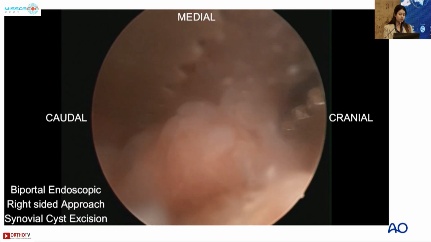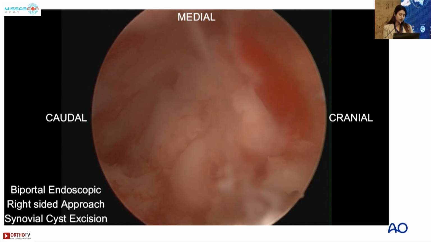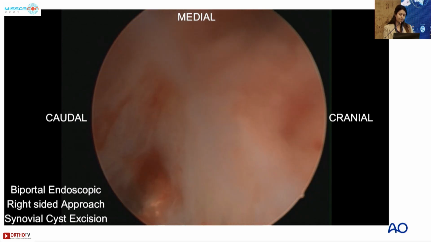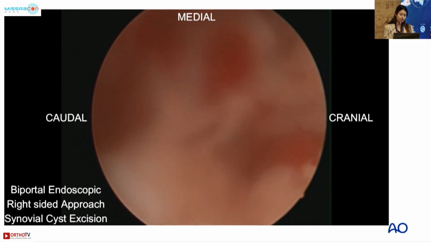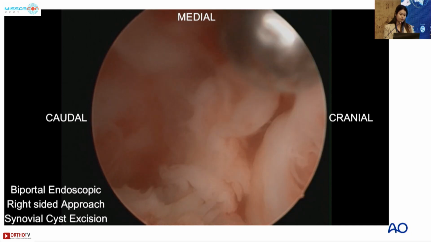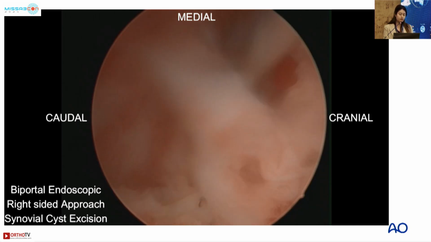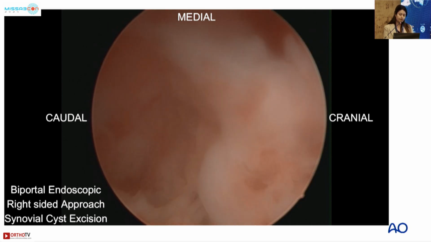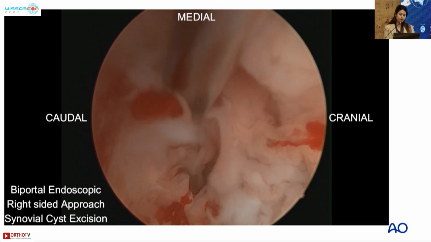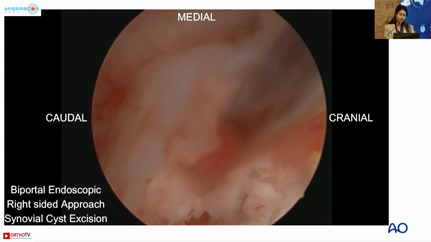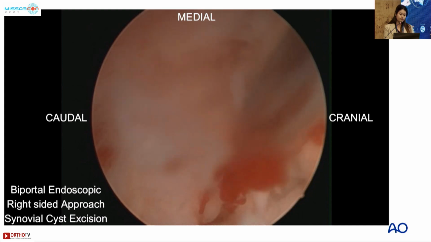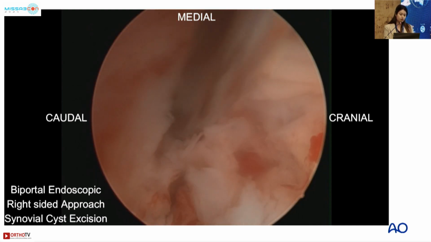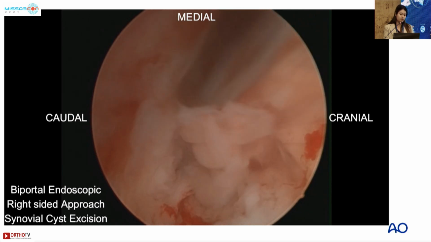Probing is being done here to safely get through the disc. Continuous irrigation system is necessary for better visualization. We are using a ballpoint nerve hook to remove the synovial cyst and the disc.